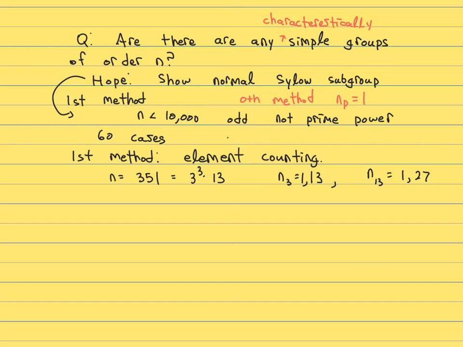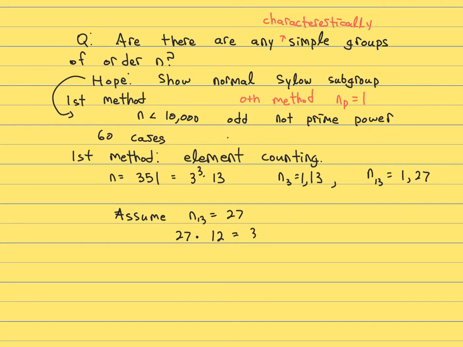But how many elements are there of order 13? So we'll assume n_13 is 27. That means you have 27 Sylow 13-subgroups. Each one of them has 12 elements of order 13.